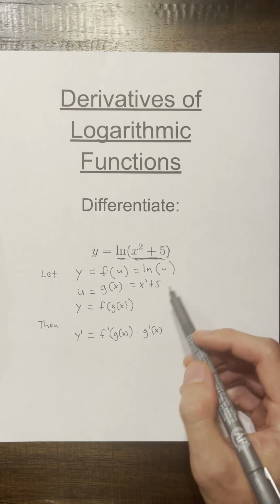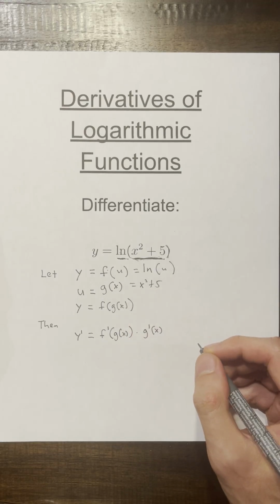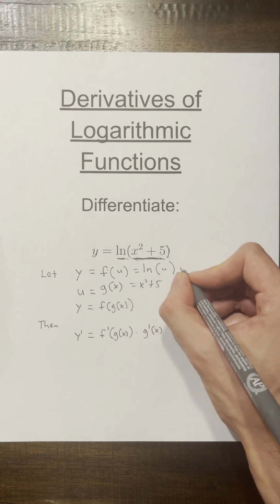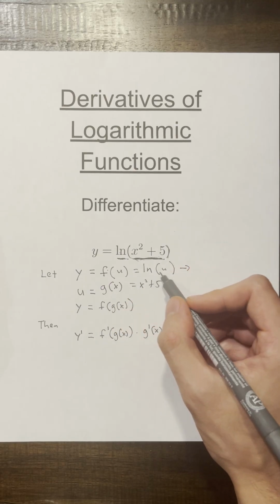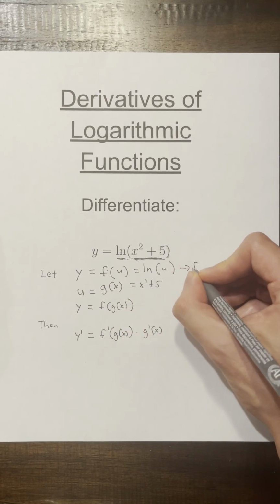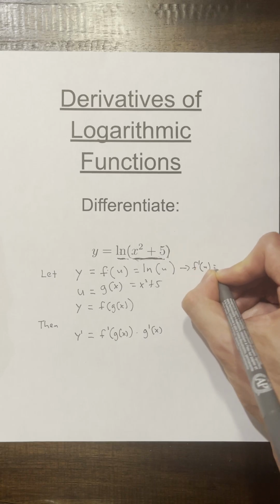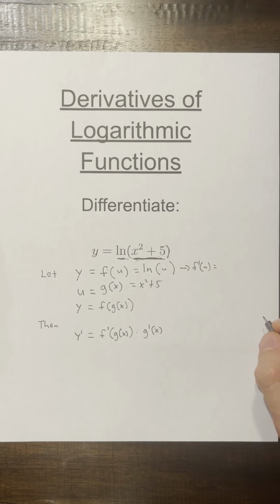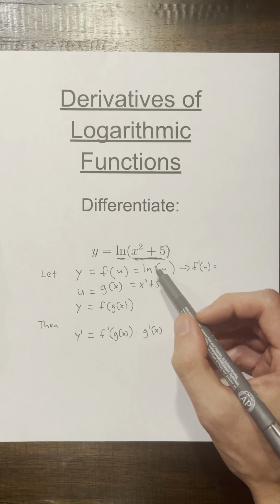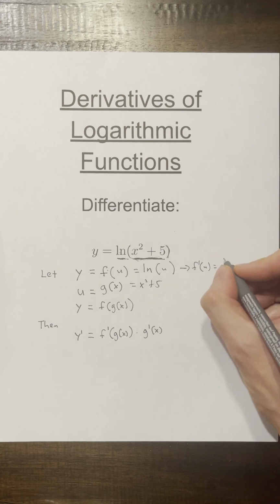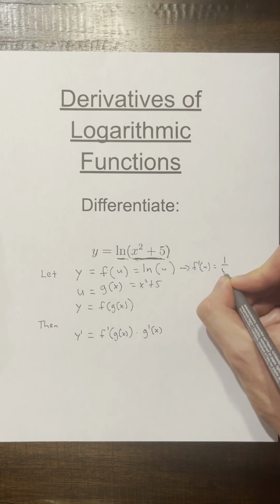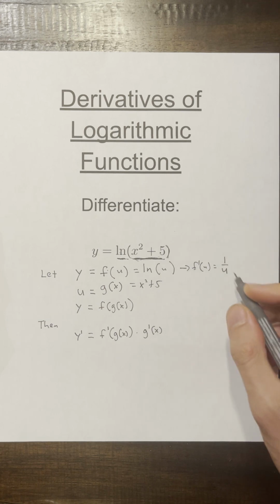And we can do that from these two equations. If f of u is equal to natural log of u, what would f prime be? What's the derivative of natural log? So it's going to be 1 over u.